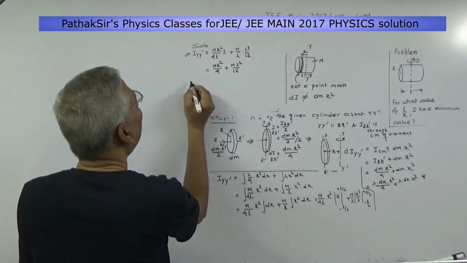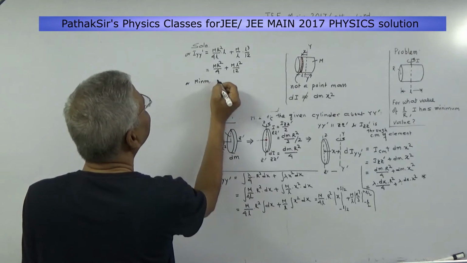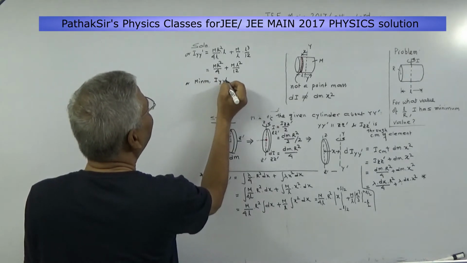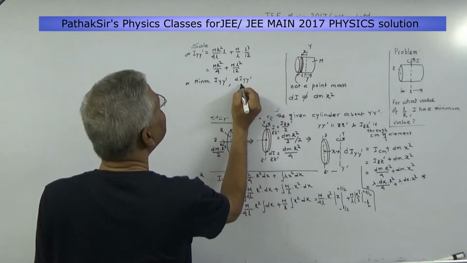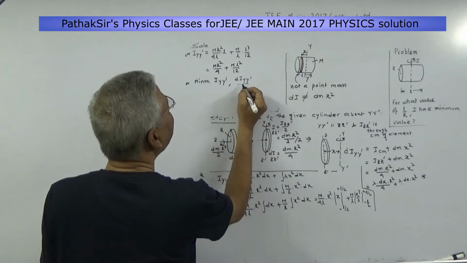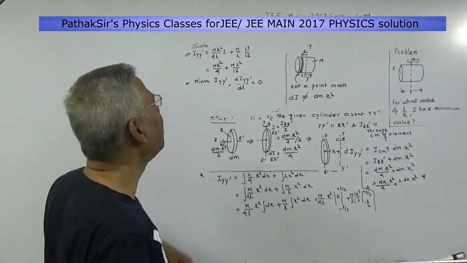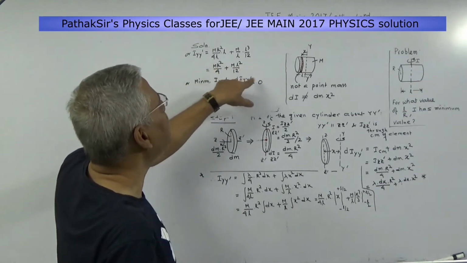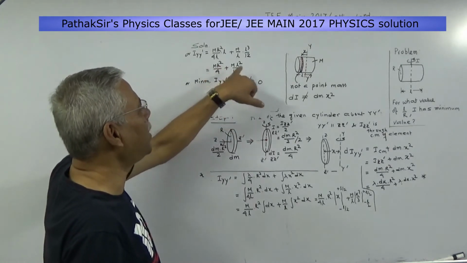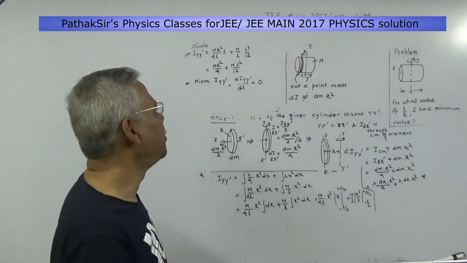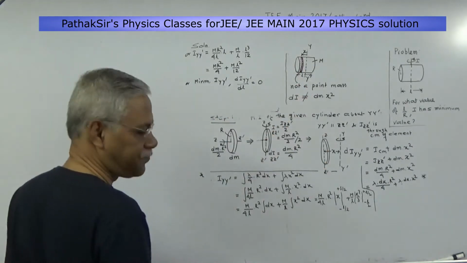So, for minimum I_YY dash, d I_YY dash by d L equal to 0. Okay. So, to simplify this differentiation, I will write r square in terms of L, because volume of this body is constant, mass is constant, volume is constant.